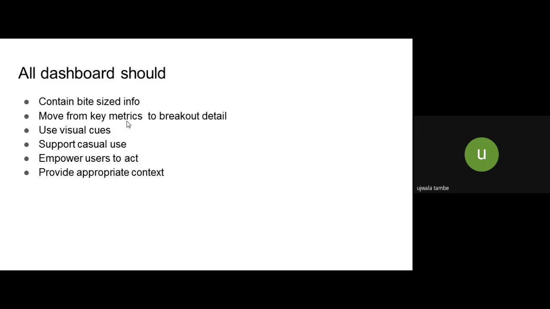Okay. Now, while designing the dashboard, we should include the following content. The first one is, instead of placing the whole information into a table format, we should break the information into bite-sized modules.